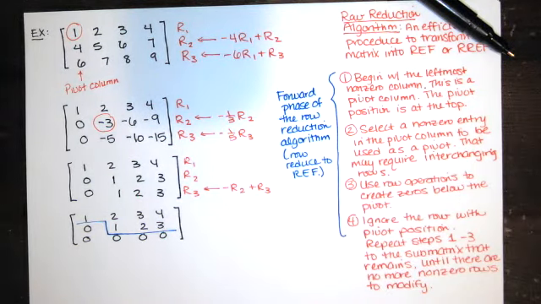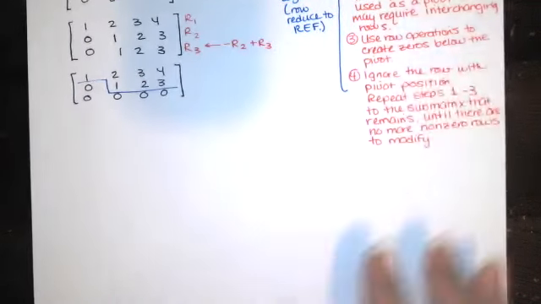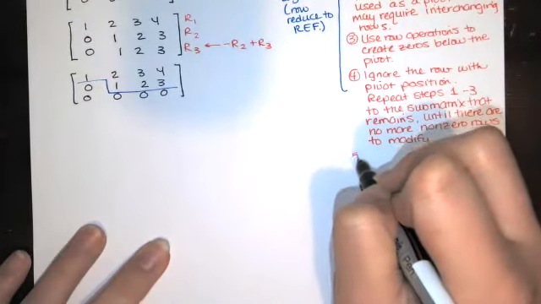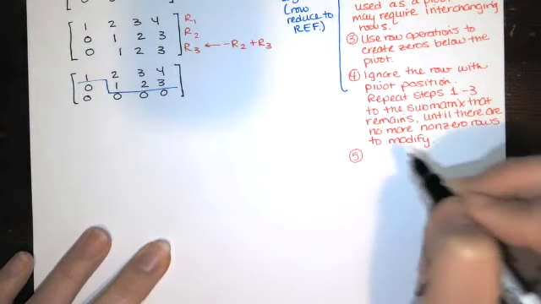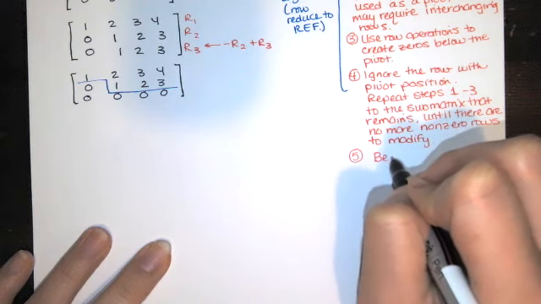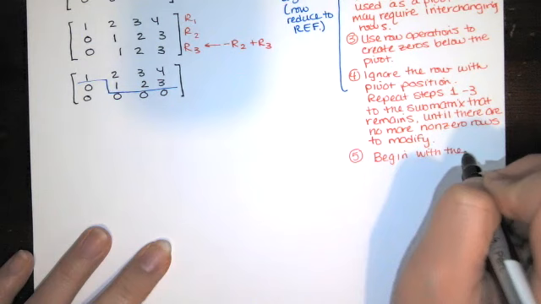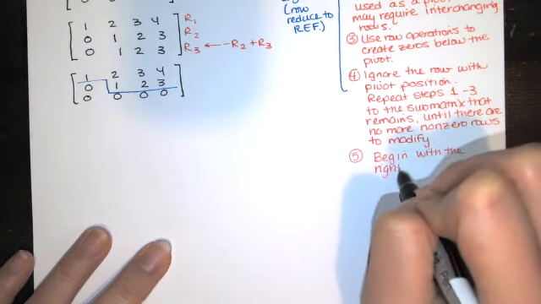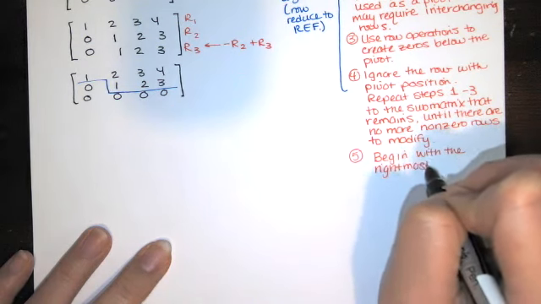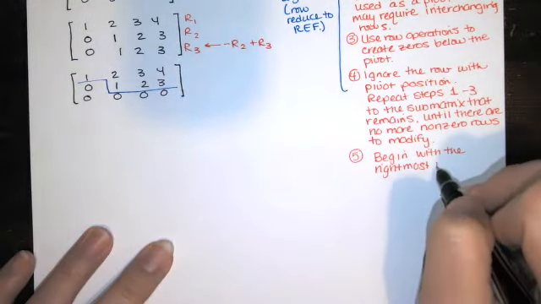Now, if you want to go further, if you want to get to reduced row echelon form, you've got to add an extra step. So we're going to begin with the rightmost pivot now. This is different. We went from left to right. Now we're going to go from right to left.